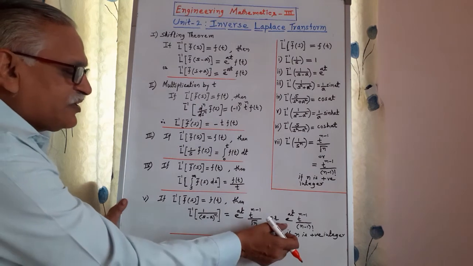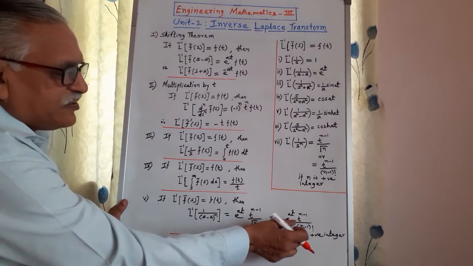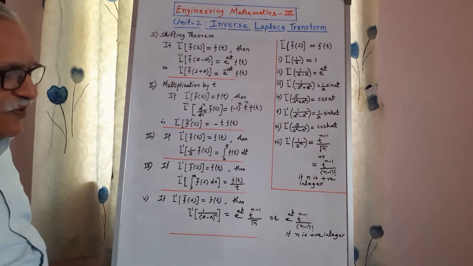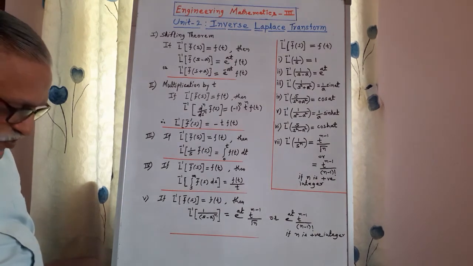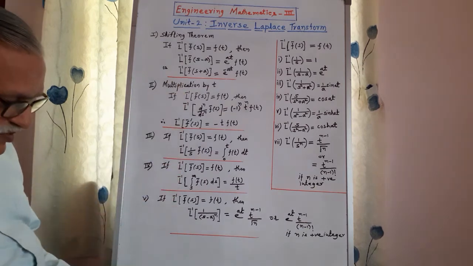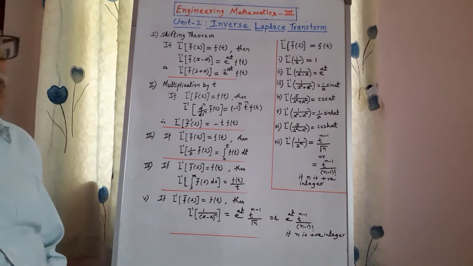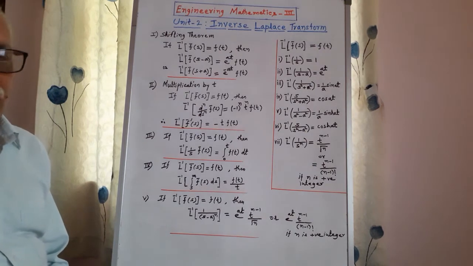Or we have the result e raised to at t raised to n minus 1 upon n minus 1 factorial if n is a positive integer. Therefore, all these are the statements of the theorems which we can use to find the inverse Laplace.